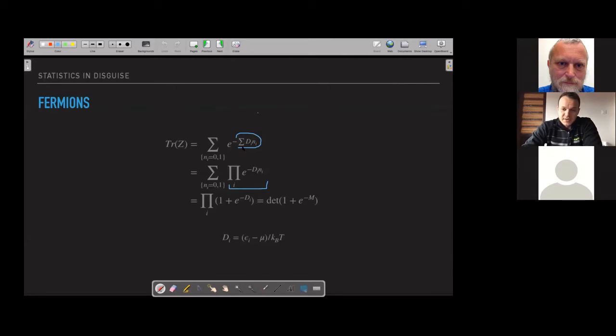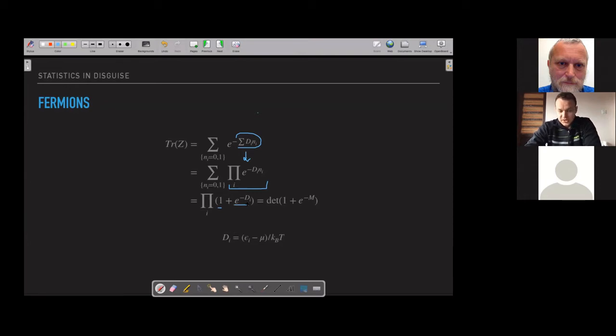Now here, I repeat myself, we have this sum in the exponential, which we represent as a product over the states i. And then every n_i can take the values 0 or 1. So if n_i is equal to 0, we get 1. If n_i is equal to 1, then we get just the exponential of the eigenvalue of the state.